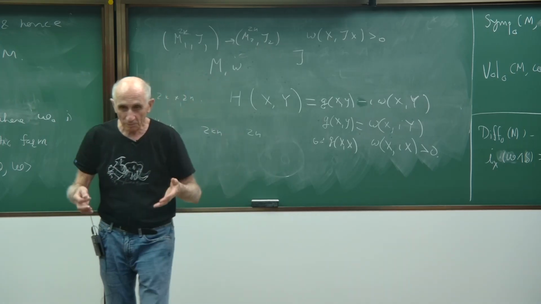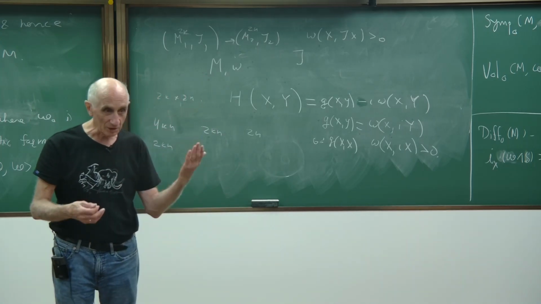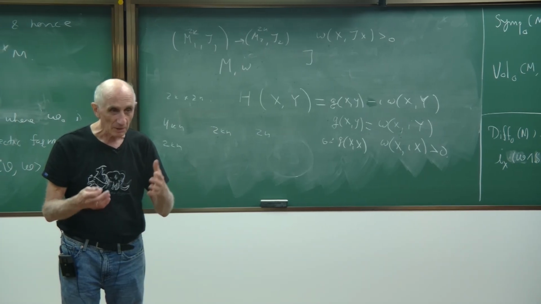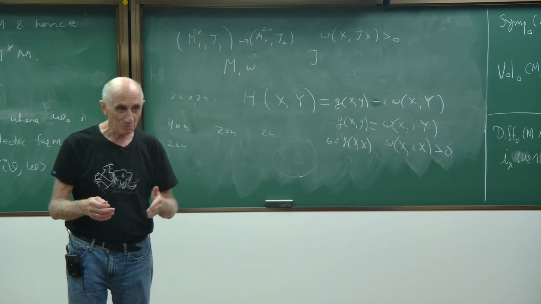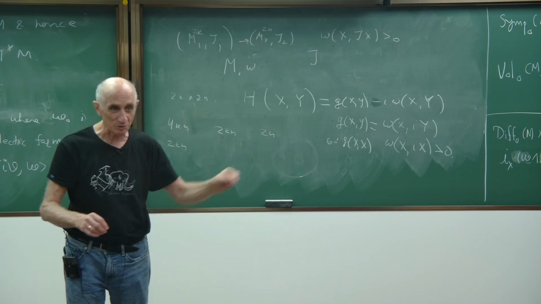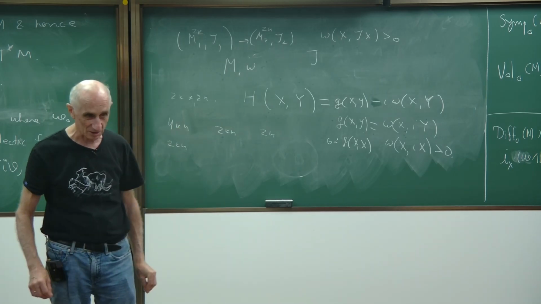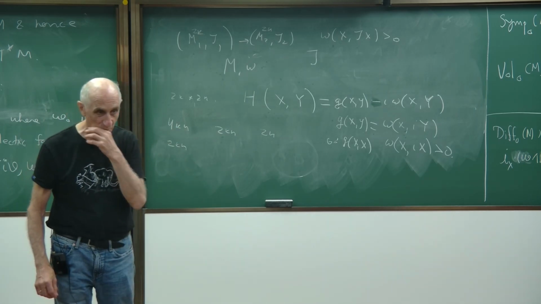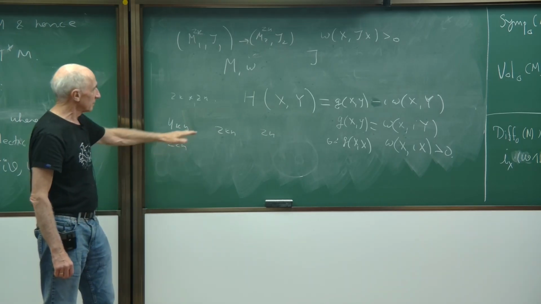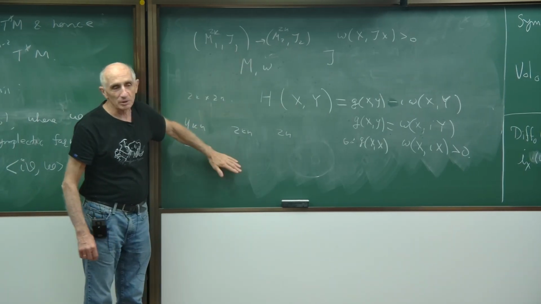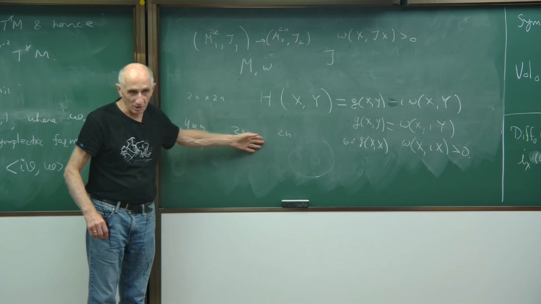In the integrable case they happen to exist, but it's a very special situation, because a lot of cancellation happens in this system because of the integrability condition. But for a general almost complex structure, there is absolutely no hope for any theory.